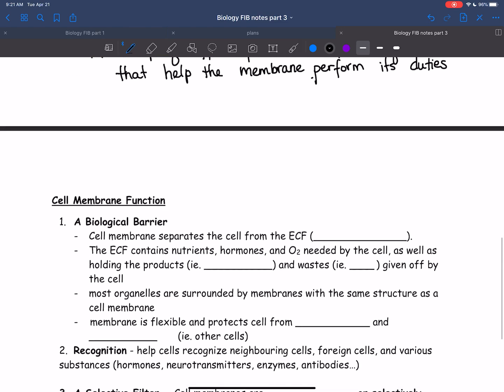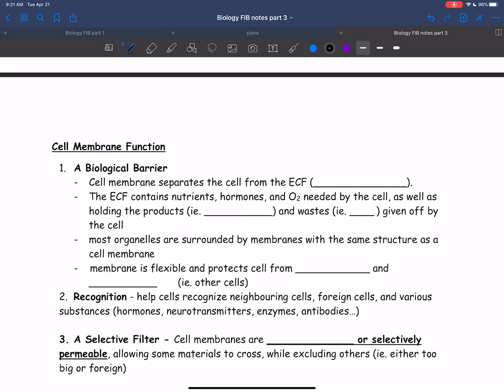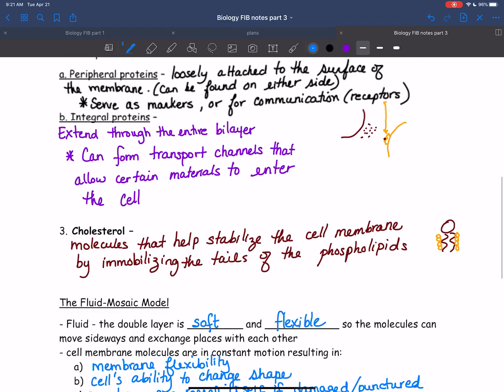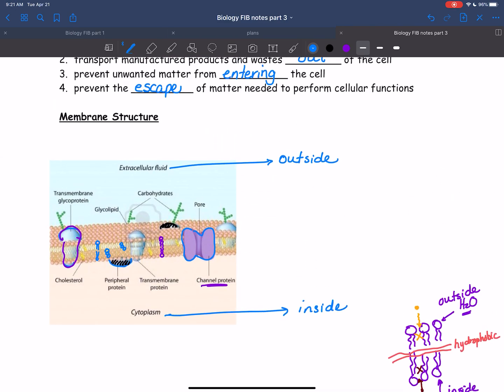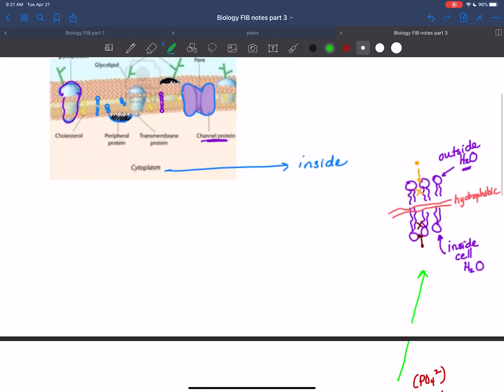What are these functions? We know, first of all, that the cell membrane is a biological barrier. It has to separate the cell from this ECF. ECF stands for extracellular fluid. So this is the outside of the cell. When we were drawing this and I said the outside, you can see here the name that they have for it is that extracellular fluid.